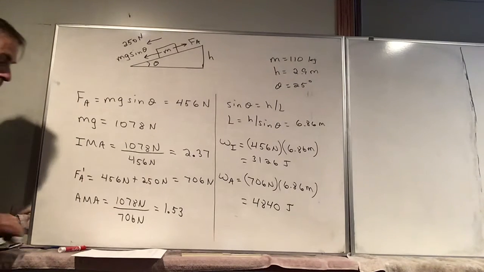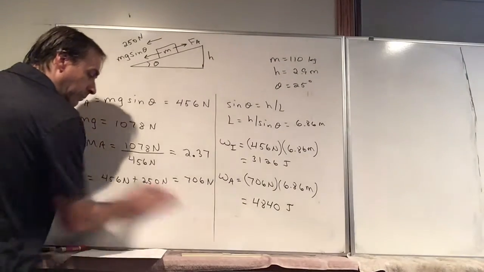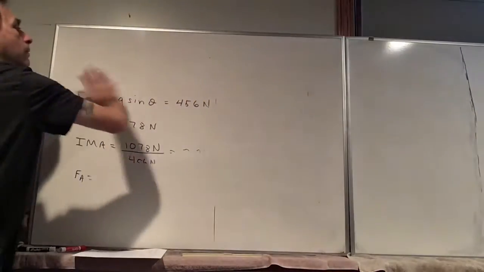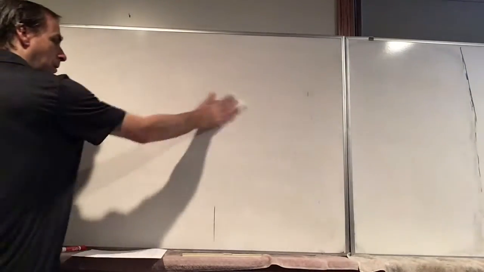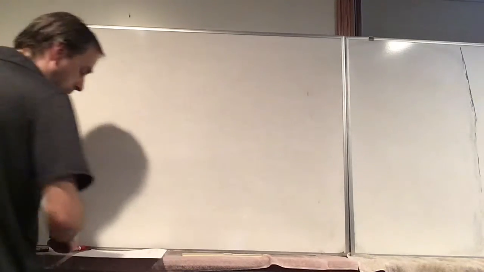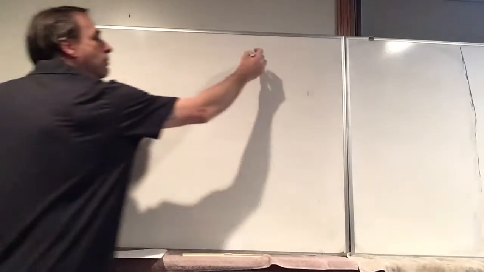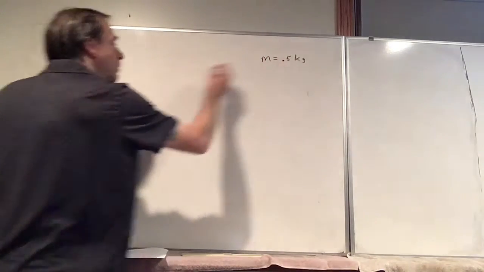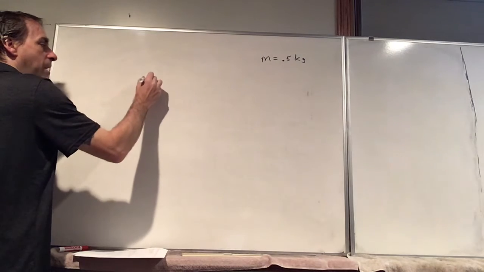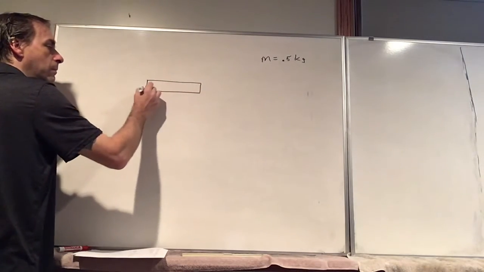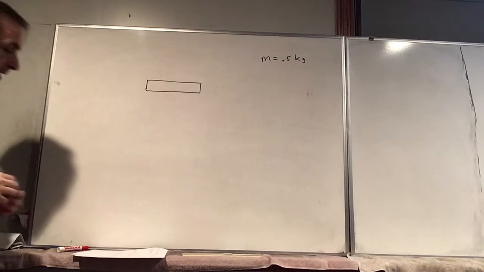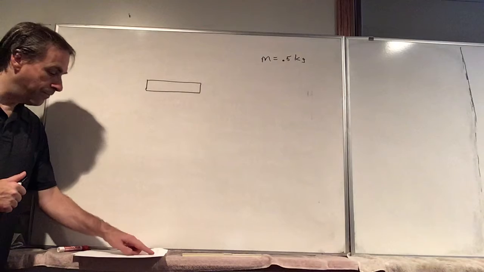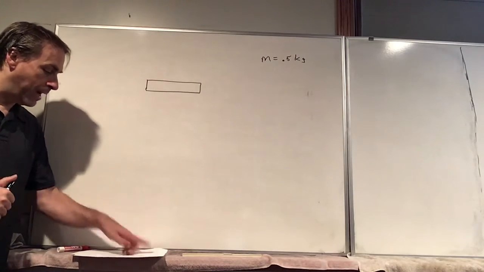All right, so let's move on to the next problem. So we have a book on a table. Mass is 0.5 kilograms. I'm just going to draw the book, not the table. All right, so we've got a book resting on a table. So there's a downward force of 6 Newton exerted on the top of the book by hand pushing down.